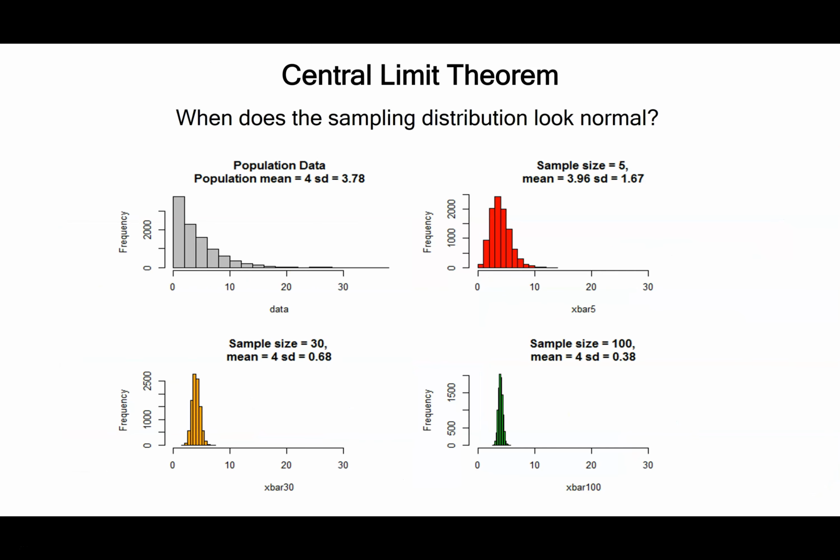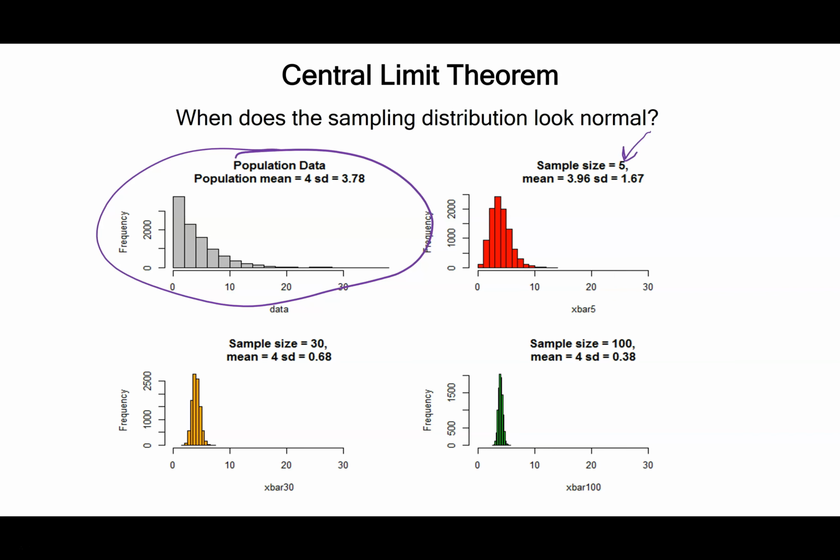So here's just some views here. So if I were to take a very skewed population and I take all unique samples of what here? So here's my population data. It's very, very skewed. It has a mean of 4 and a standard deviation of 3.78.